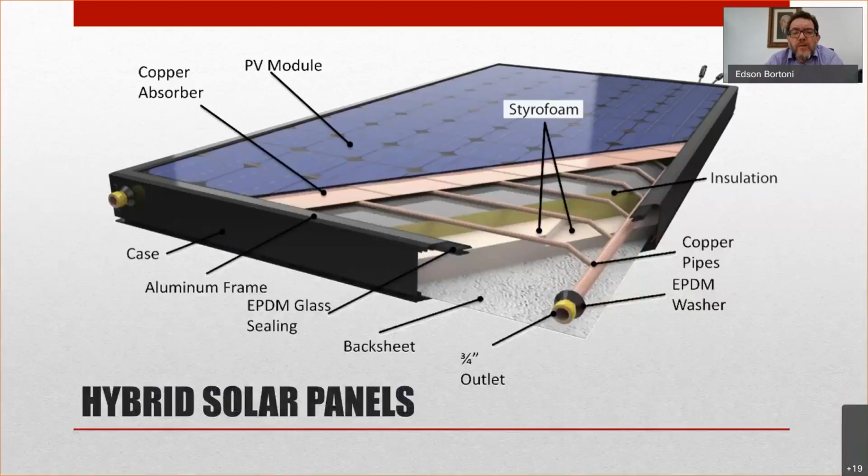We will talk about those hybrid solar panels. The hybrid is that you can get heat and at the same time get energy from the photons. That's why it is hybrid.